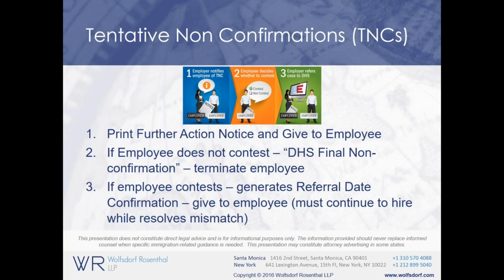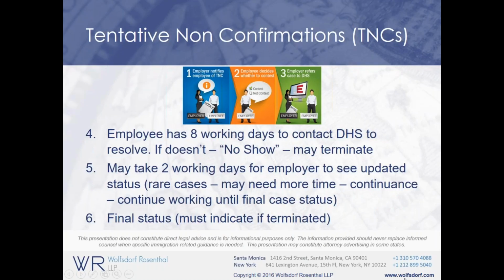If the employee does not contest that finding, then it becomes a DHS final non-confirmation and the employer must terminate the employee. If the employee does contest, then it generates a referral date confirmation, which you give to the employee and must continue to employ them while they resolve the mismatch.